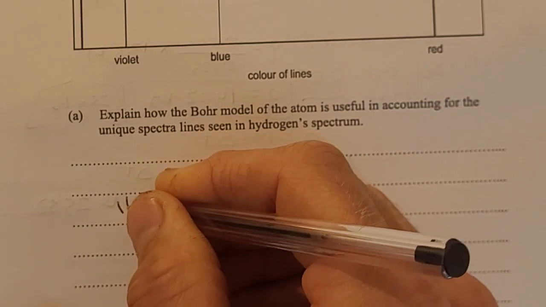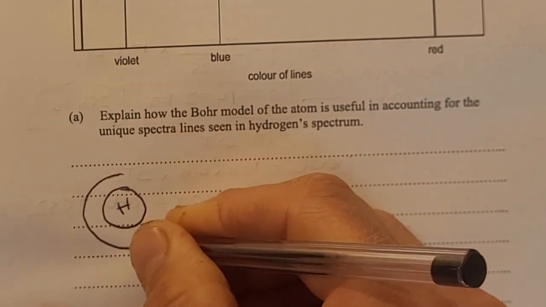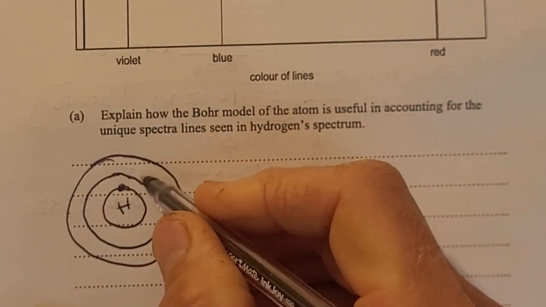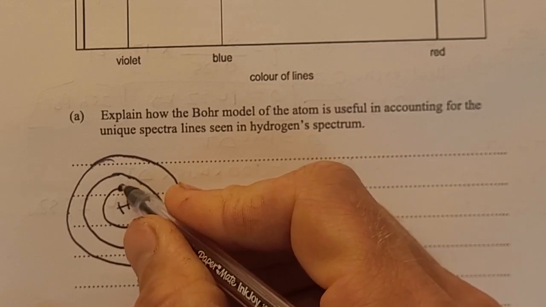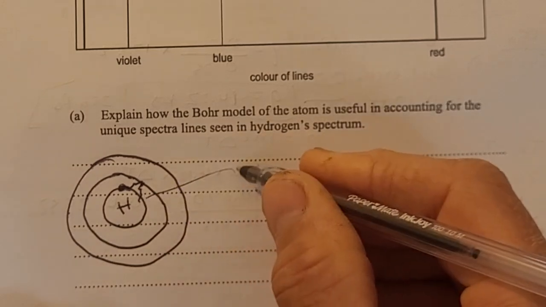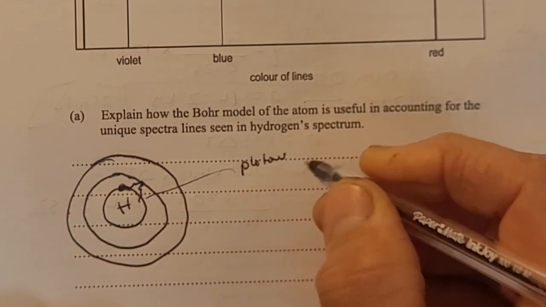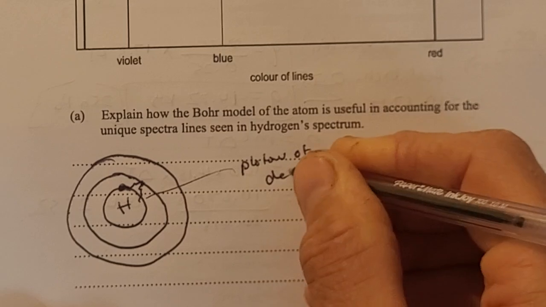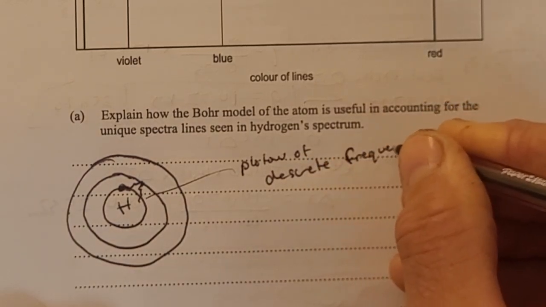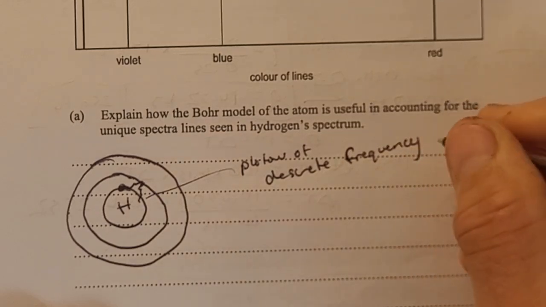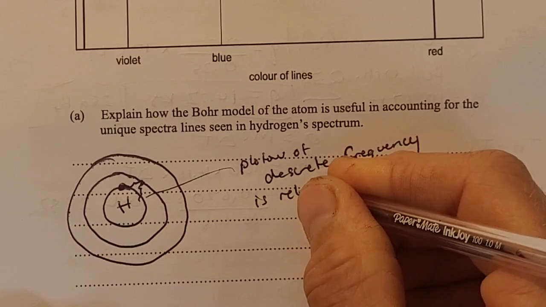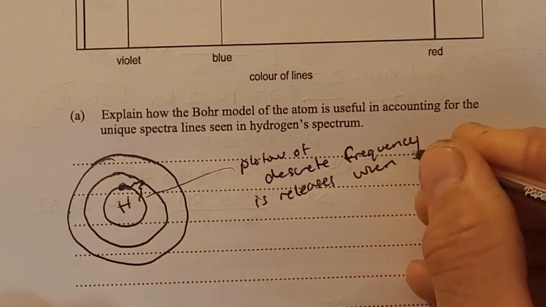Okay, so hydrogen, it's only got one electron, but when it gets energized and bumped up, when it comes back down, it emits a photon of discrete frequency when energized.